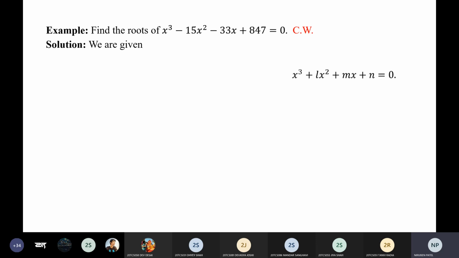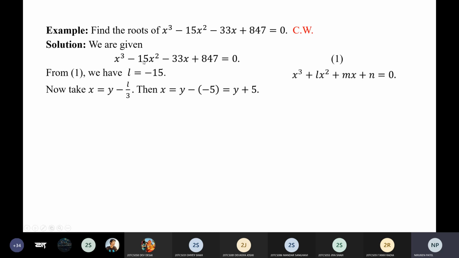Now, as per Cardan's method, it is already given in the proper form, right? And from this, we want to identify L because we will use this L in the next step. So what is L? The coefficient of x square, that is minus 15. And we will substitute x is equal to y minus L by 3.